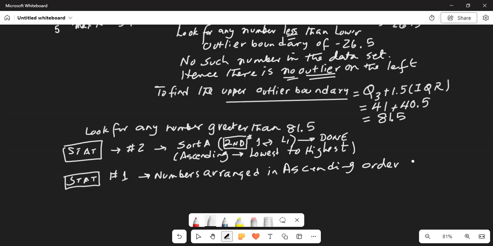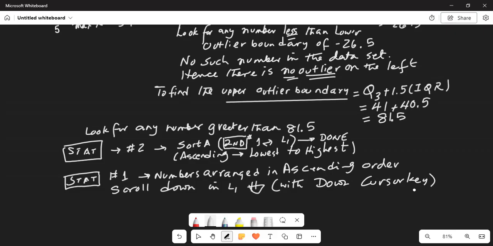So scroll down in L1 with the down cursor key. Look for numbers greater than 81.5. How many numbers, if there is any, are greater than 81.5? Keep scrolling down till you see any number greater than that.